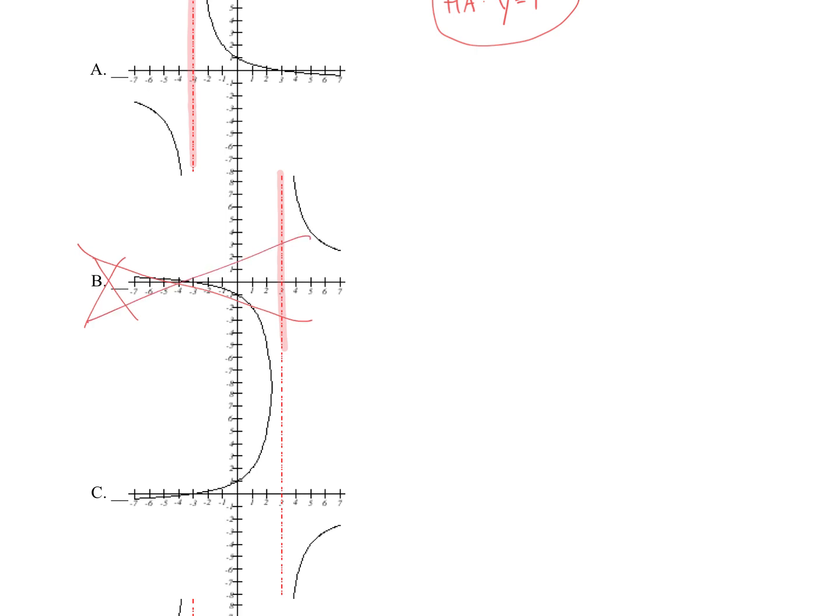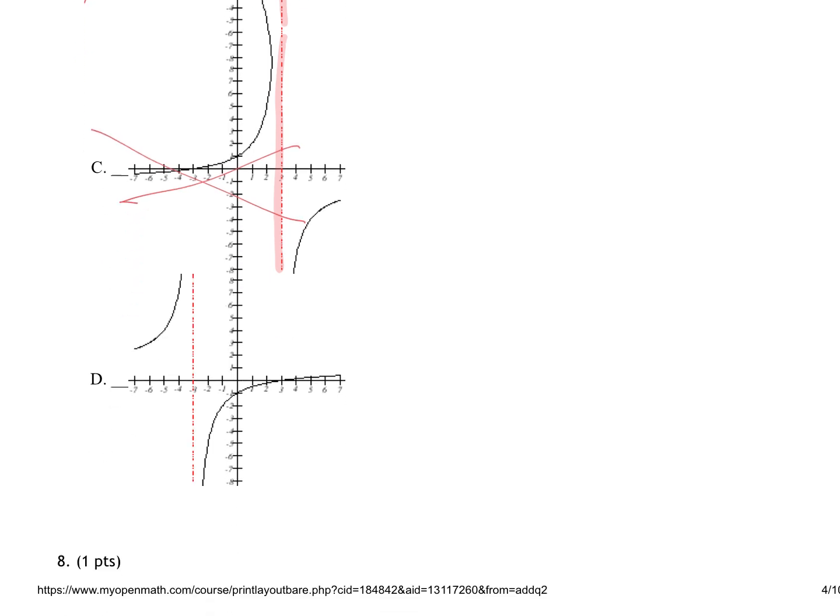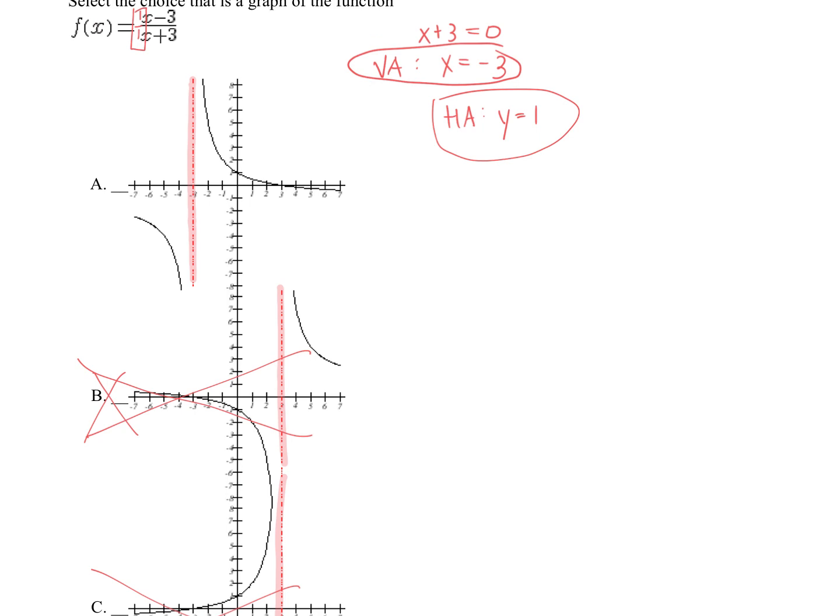C has a vertical asymptote at +3. So it definitely cannot be C. Okay, so not that one. D has a vertical asymptote at -3, so that one's looking good. So now our choices are A or D. So let's look at the horizontal asymptote now.